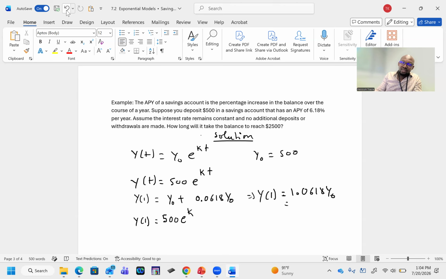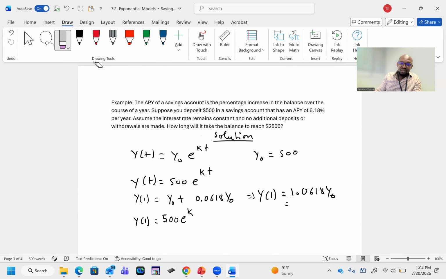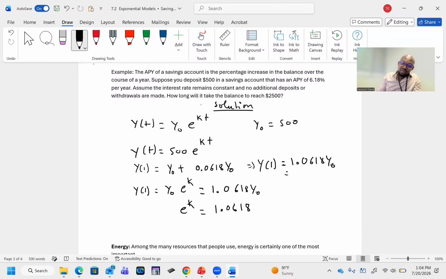Instead of putting 500, let me still put y0 here, and that should be equal to 1.0618 y0. We divide both sides by y0, so e to the power of k will be equal to 1.0618, right? So it's up to you. Even if I change my y0 to 500, I would still have this, okay?